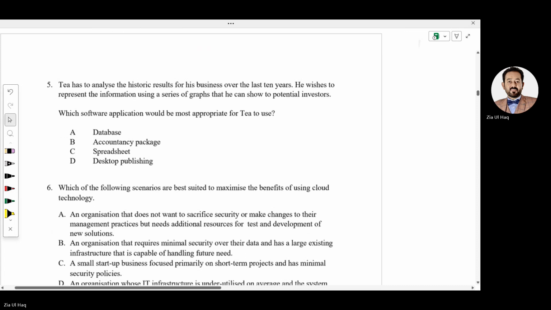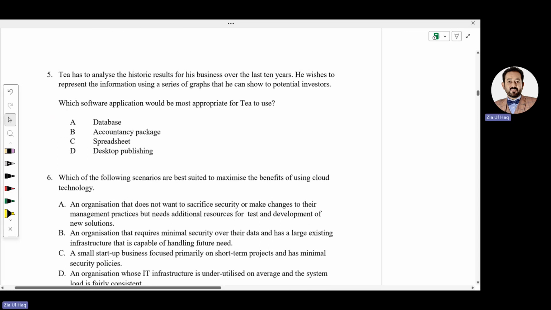Number 5. He has to analyze the historic results for his business over the last 10 years. They have to analyze the last 10 years of results. He wishes to represent the information using a series of graphs that can be shown to potential investors. We need to prepare graphs. Which software application would be most appropriate for him to use?